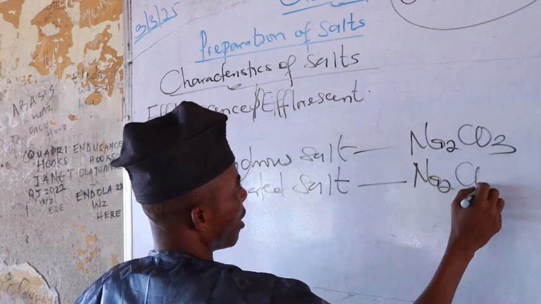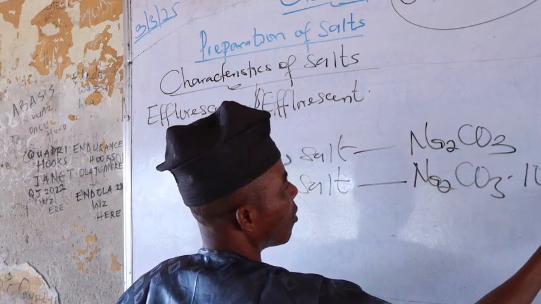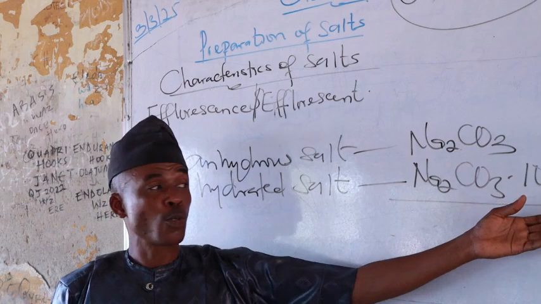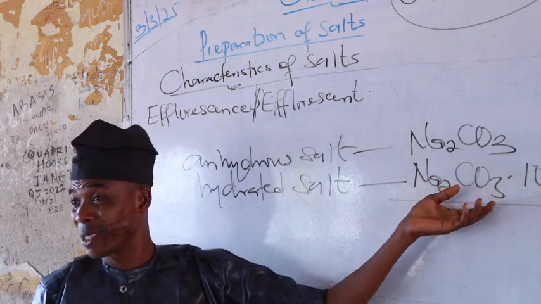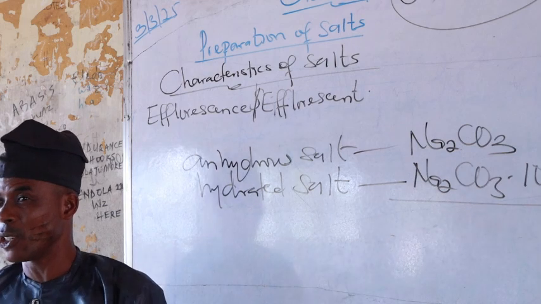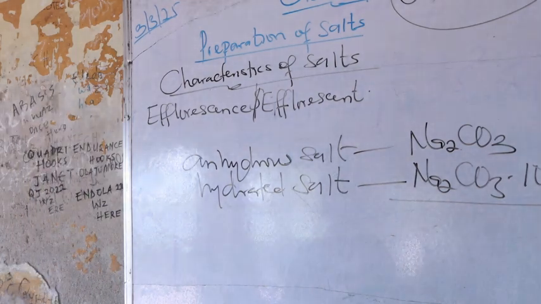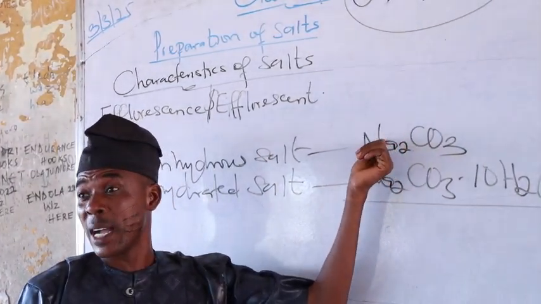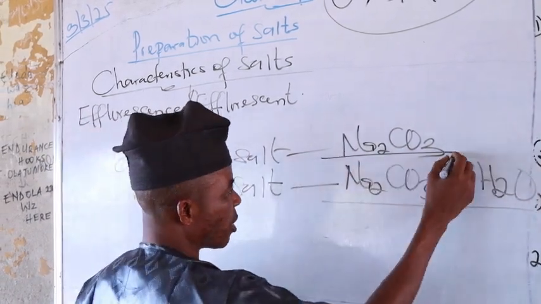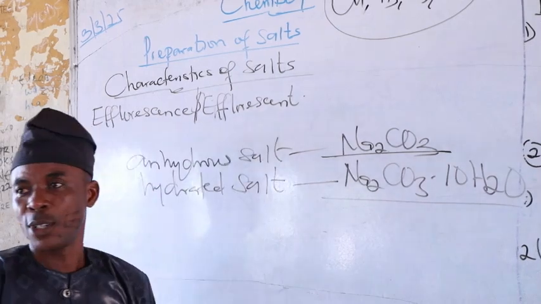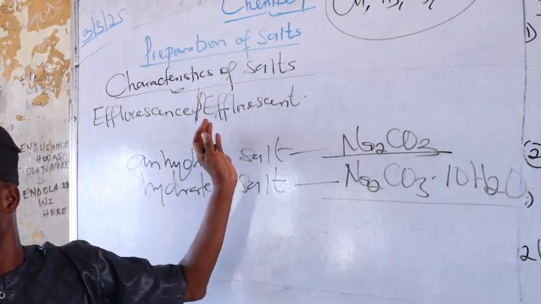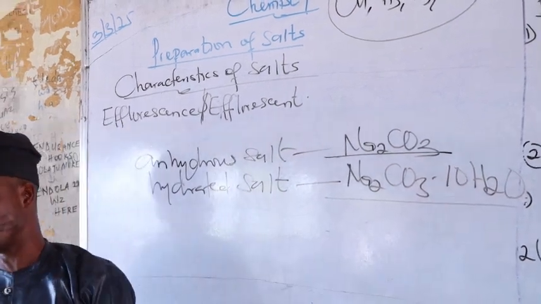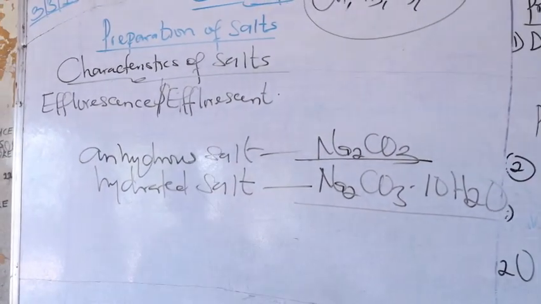So you have an example given here. This salt is having water attached to it. This water that's attached to this salt is referred to as water of crystallization. The salt here without water of crystallization, this salt has no water of crystallization attached to it. So it is referred to as an anhydrous salt. Whereas the one that has water of crystallization attached to it is called hydrated salt.